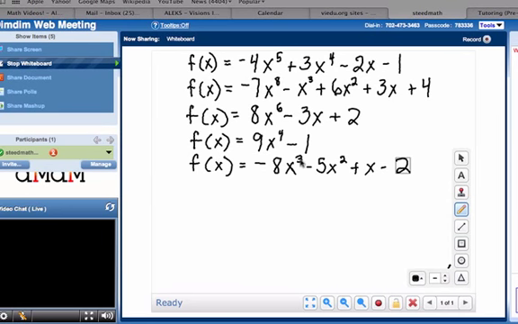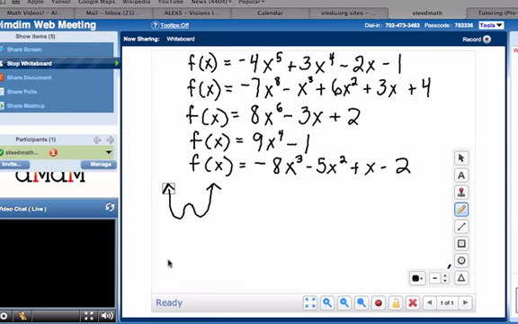Basically, even functions like x to the 8th, x to the 6th, and x to the 4th, these 3 graphs right here are all even. They're going to look something like this W, where it is rising to the left and rising to the right.